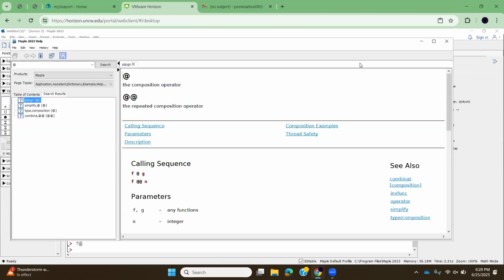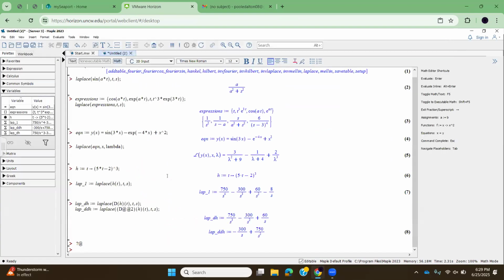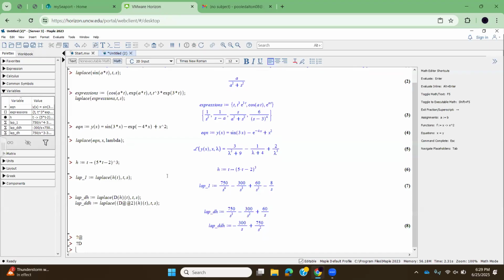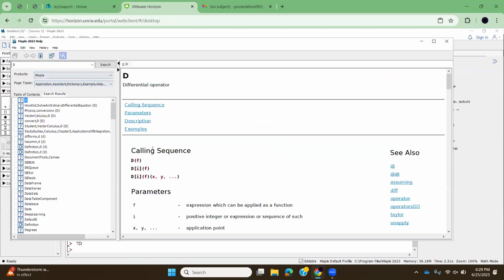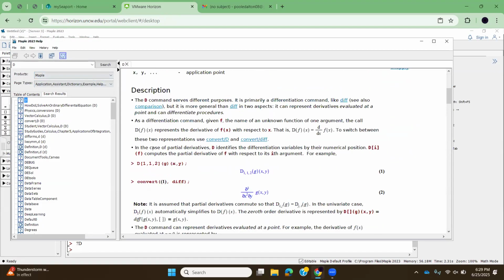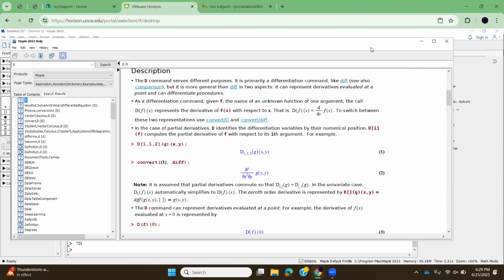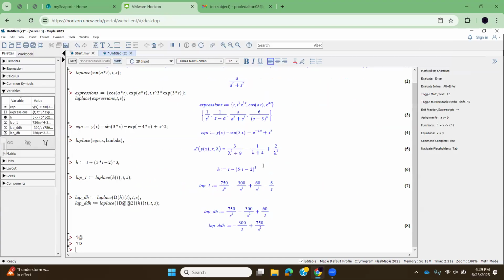Again, it'll tell you what it's doing, like before. It's a calling sequence. And then the question D, that capital D is a derivative operator, which tells us here. Again, it's another type of calling sequence. Cool.